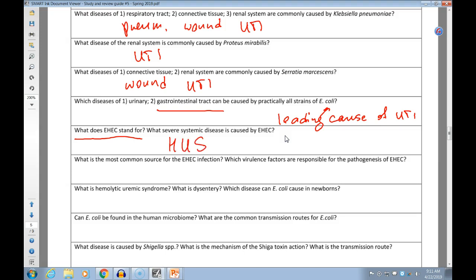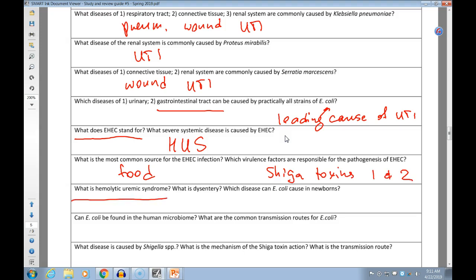The most common source, when I say the most common source, I refer to the transmission. The most common source is food. The virulence factors responsible for the pathogenesis are Shiga toxins 1 and 2. So hemolytic uremic syndrome, just know what happens.